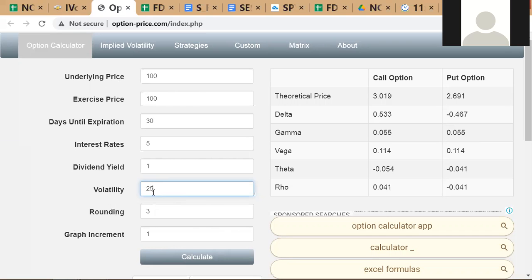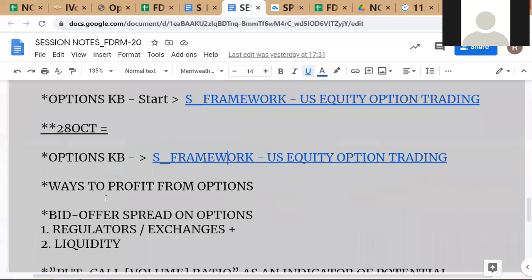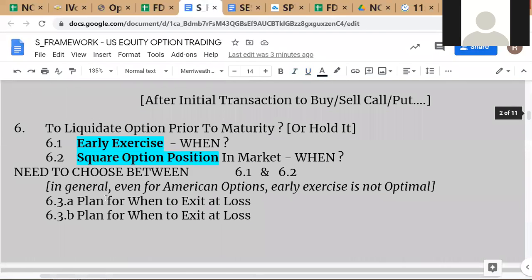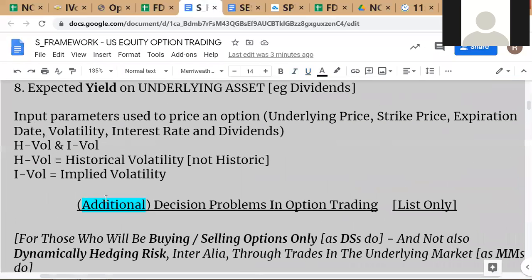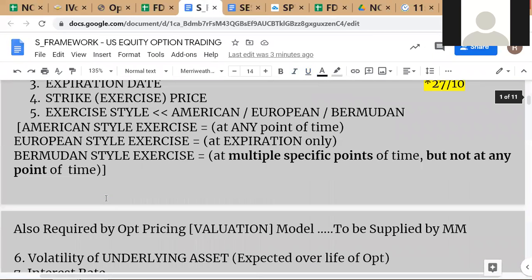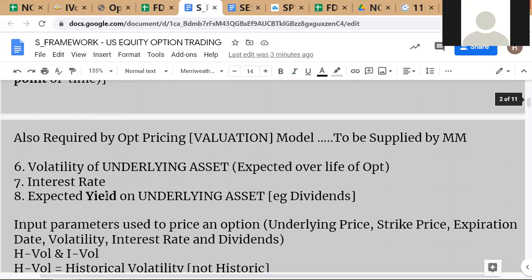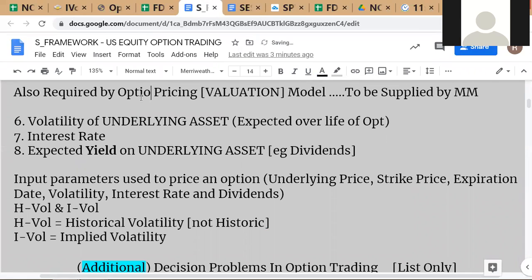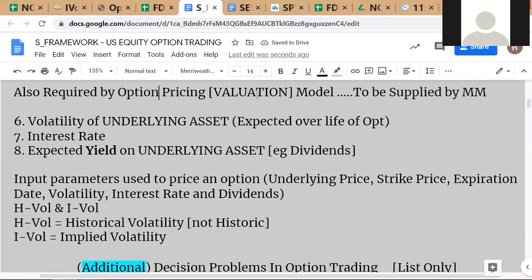And this input, as you can see, if you go back to the earlier part where we talked about the aspects of an option contract, is also required by the option valuation model, OVM, to be supplied by the market maker. Okay, what are they?